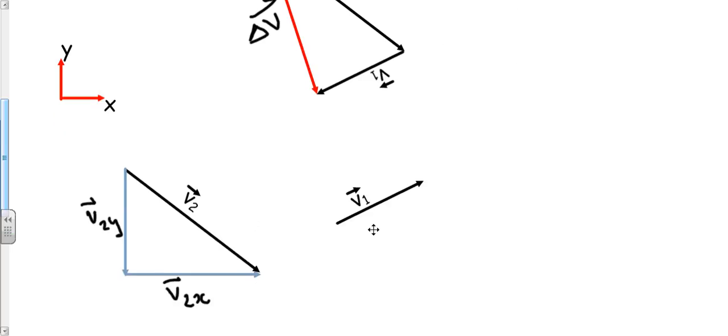Now let's look at V1. Let's bring V1 down, and let's find the components of V1, just like we did with V2. So this will be V2X, and this will be V2Y. So let's write that in.